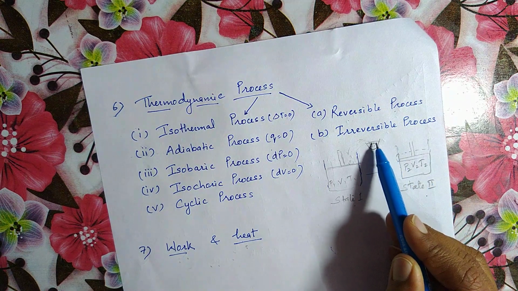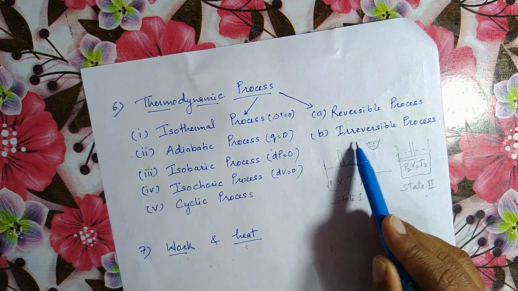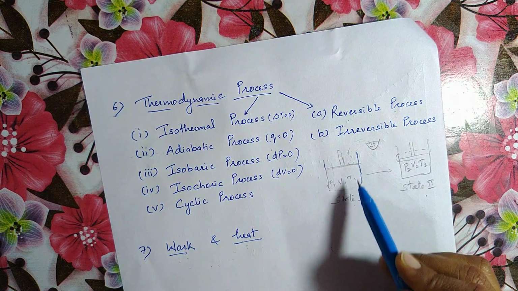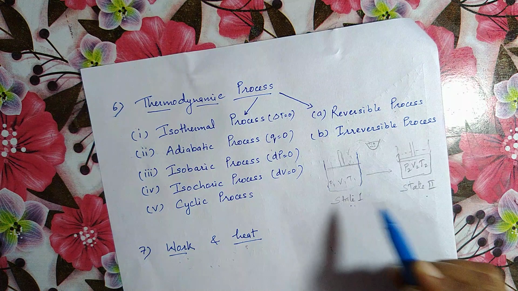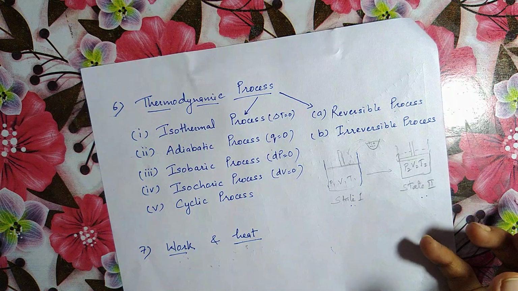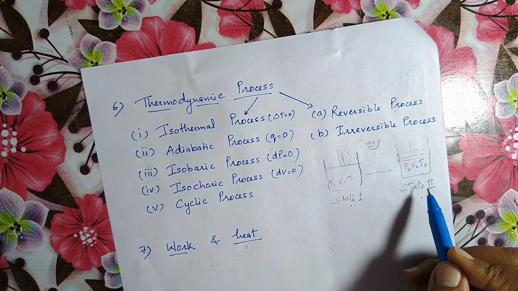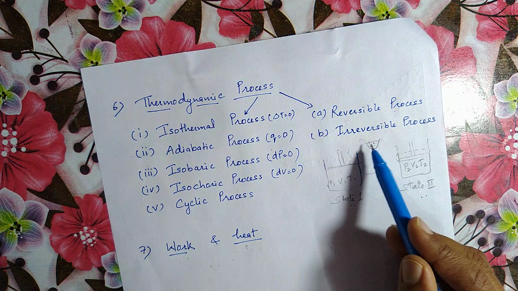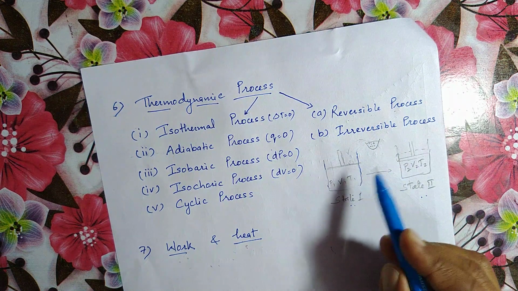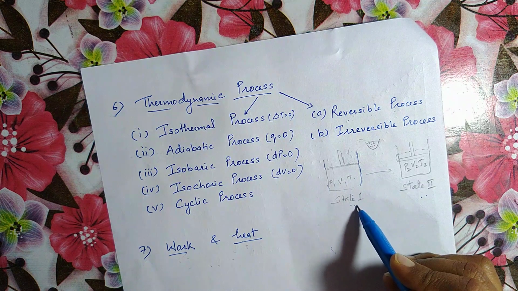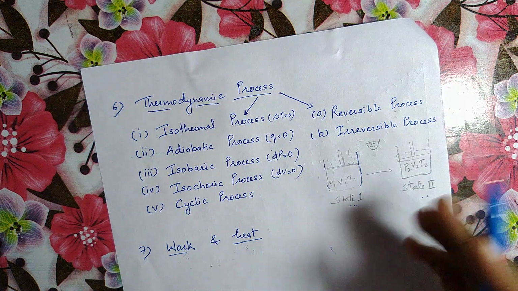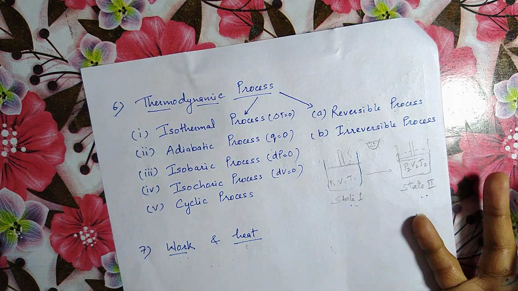If you put the particles one by one on the system, then the system goes from state 1 to state 2 in infinite number of steps, very slowly. Okay, if you put all the amount suddenly on the piston, then the system goes from state 1 to state 2 in one step only. The second process is irreversible process.